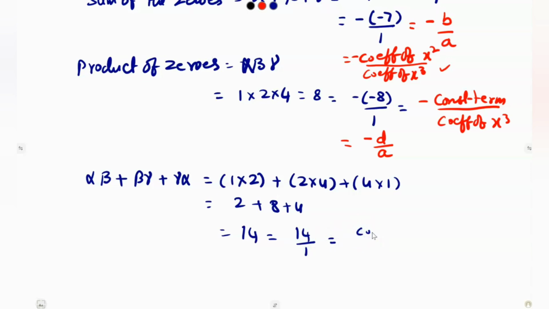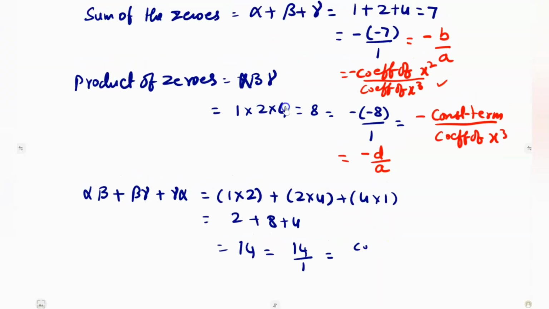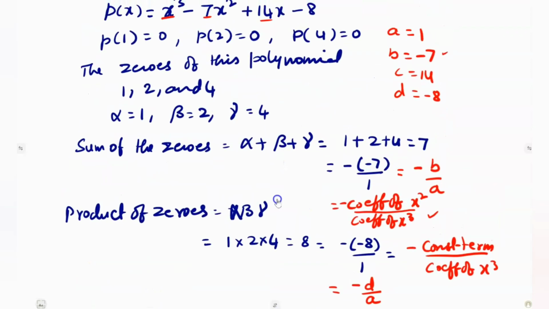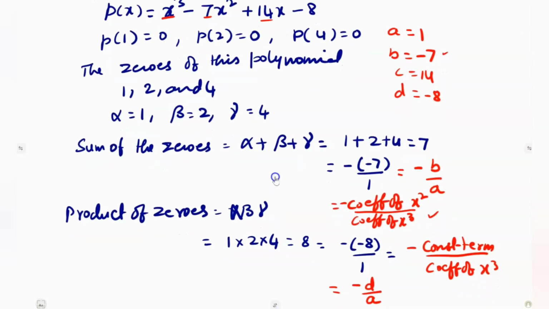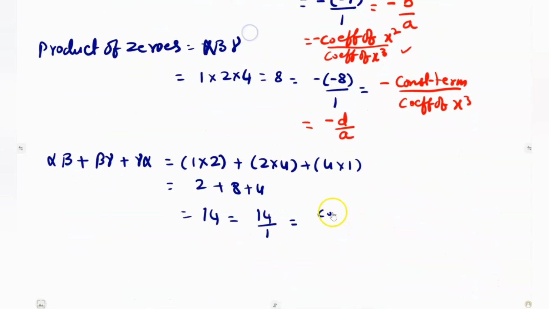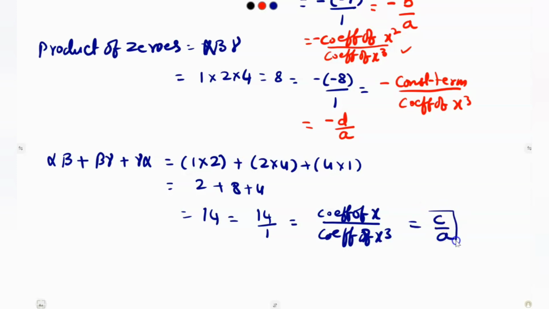Let me compare with the values once. Yes, 14 is c, so c is the coefficient of x. So 14 is the coefficient of x by the coefficient of x cube, which we can write as c by a. So this is one more relationship.